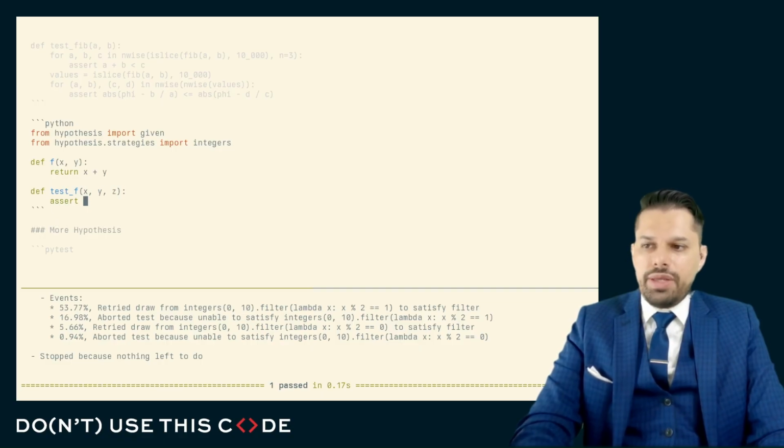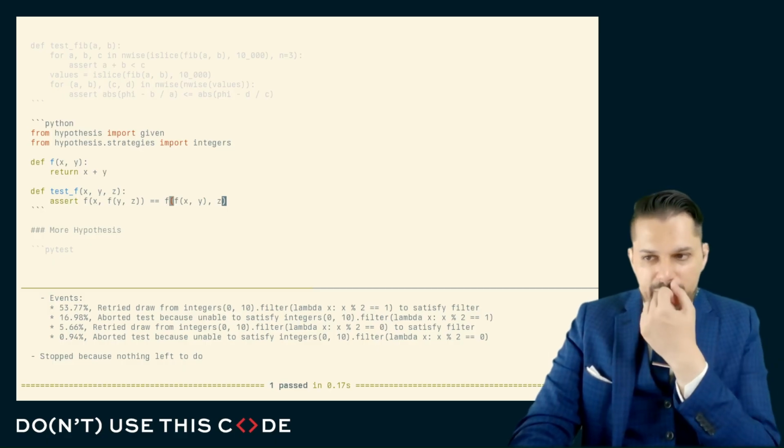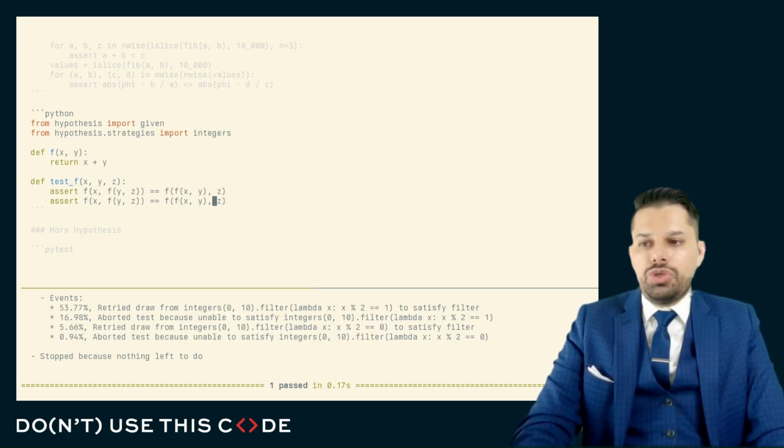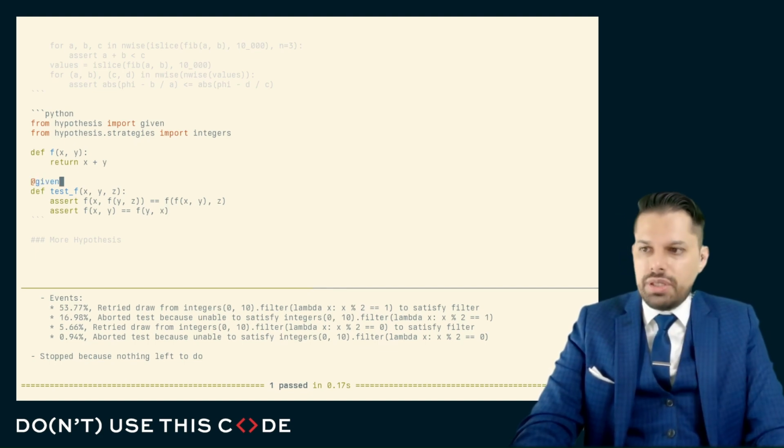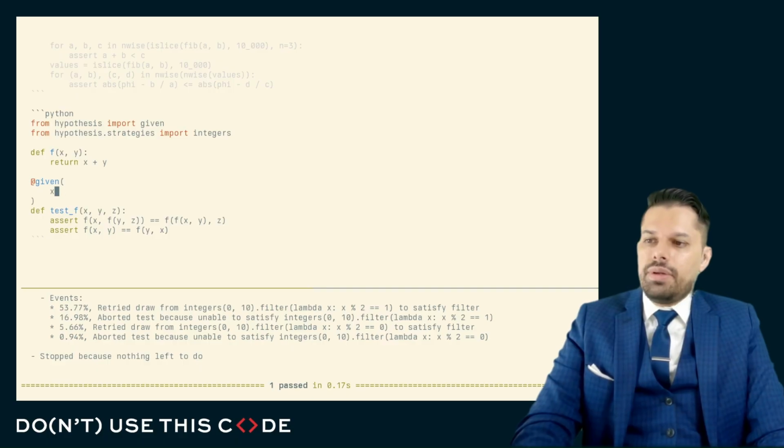I'll do this on 3 values, and I'll assert that we have a property that looks like this. And here, I'll do x like that. So we'll assert a property of associativity in addition to our property of commutativity. That is to say, if we move the arguments around or rearrange these in some fashion, it shouldn't make a difference.